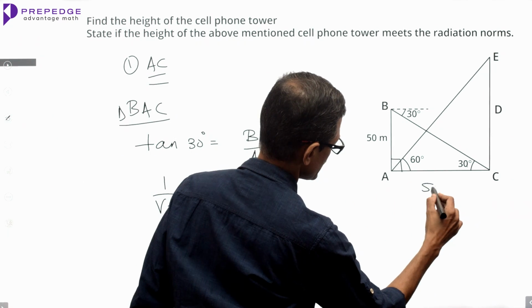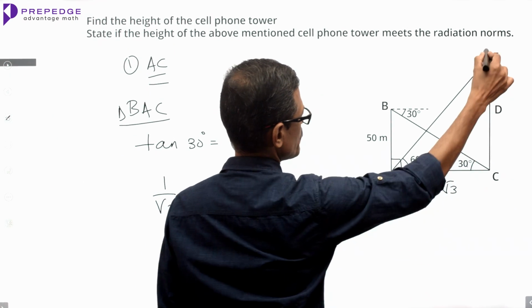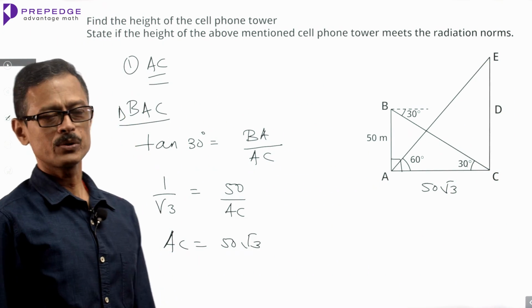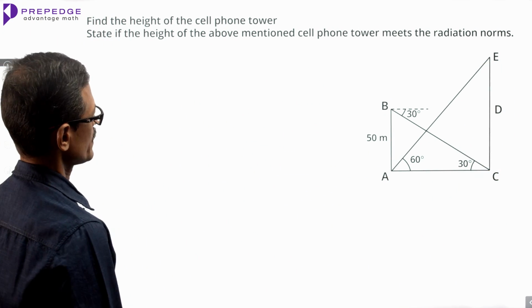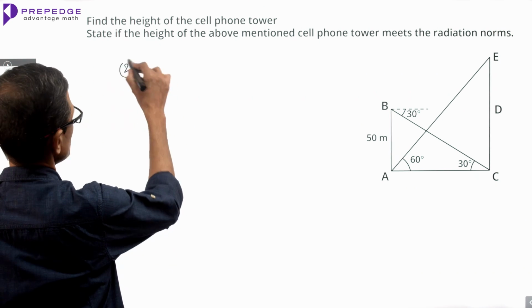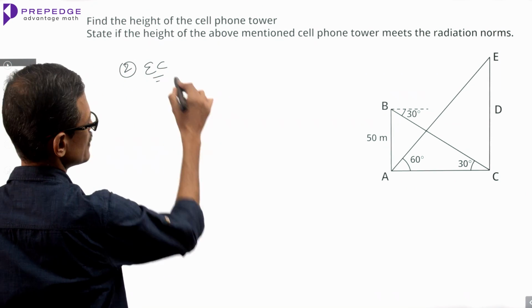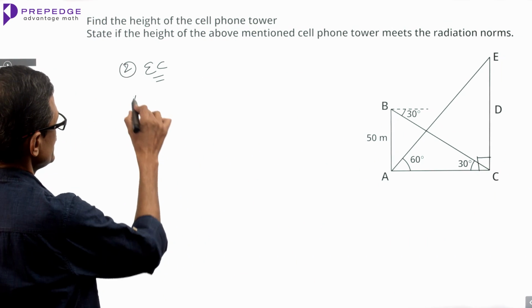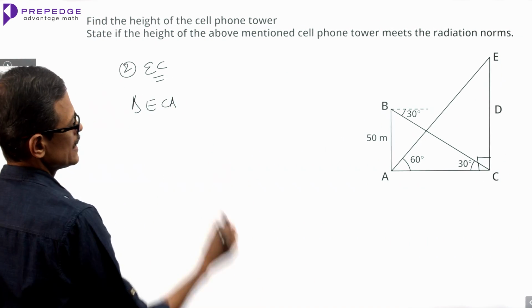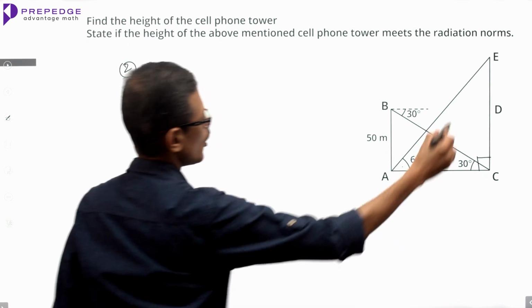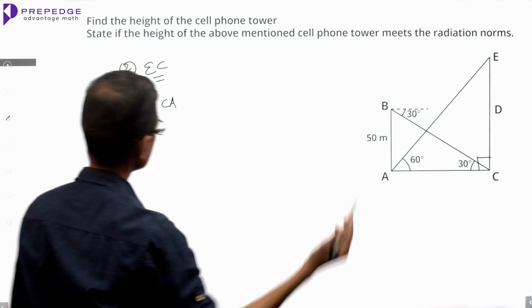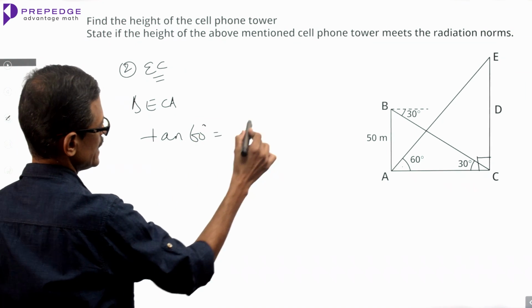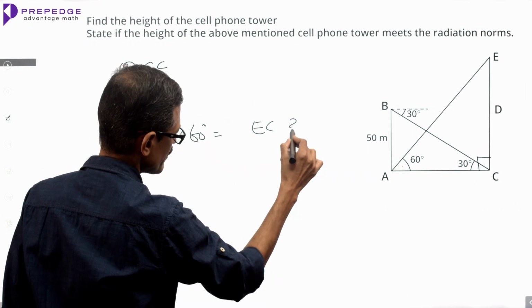இது 50 root 3. Next step, we will essentially use the second right triangle ECA to compute the value of the height of the cell phone tower. Right. So, step 2, we are going to compute EC. What is the right triangle we are going to be looking at? We are looking at right triangle ECA. இதில் angle 60 degrees opposite side is EC, adjacent side is AC. So, tan of 60 degrees is equal to EC. அதான் நம்ம கண்டுபிடிக்க வேண்டியது.